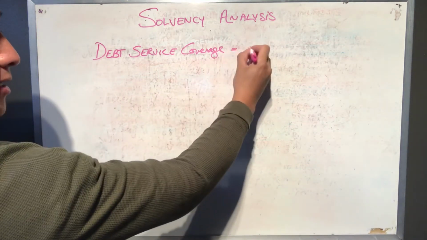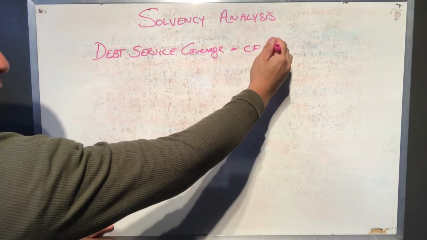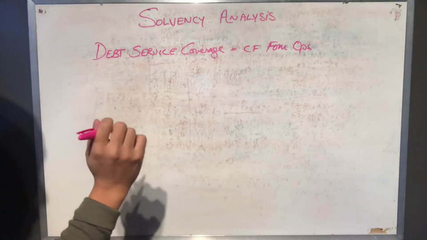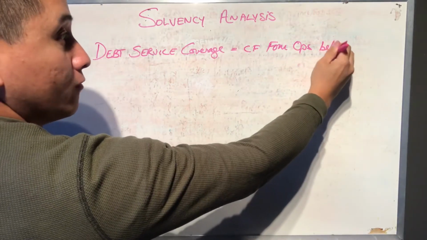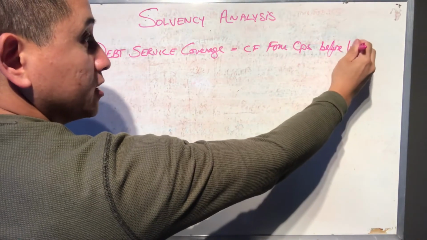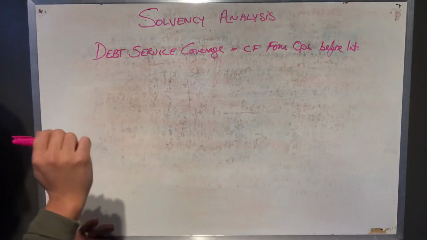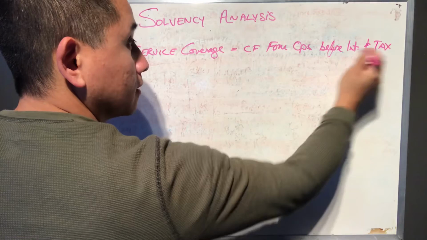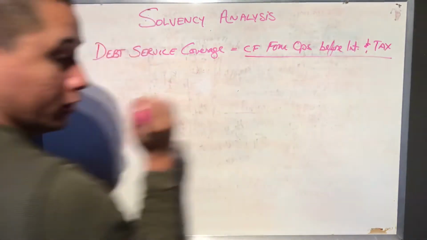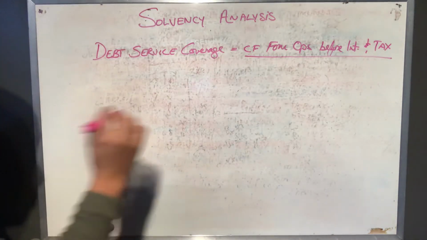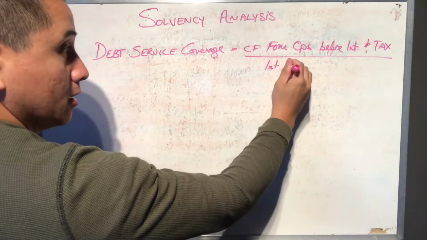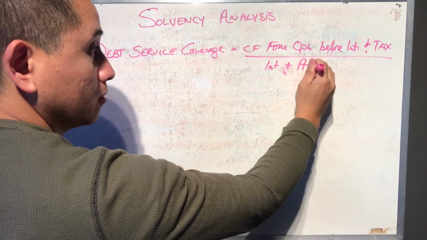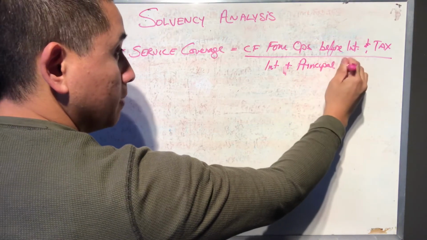It's calculated as cash flow from operations before interest and tax payments, all over interest plus principal payments.